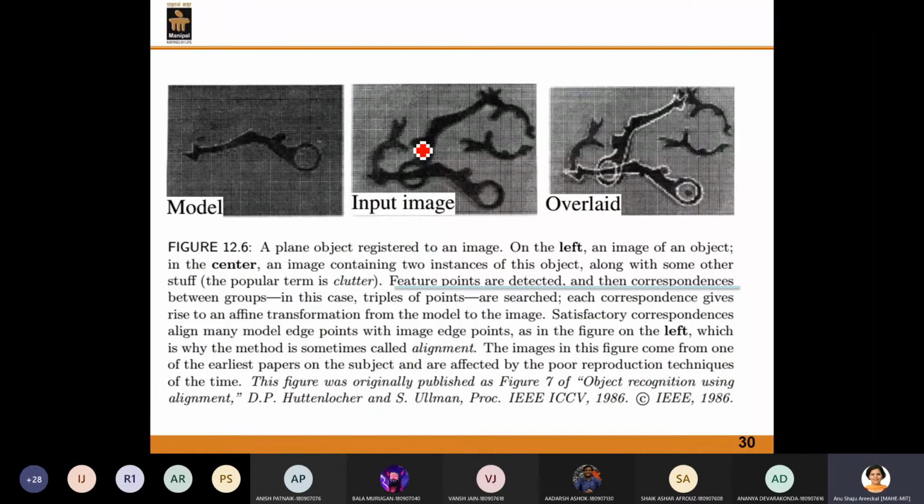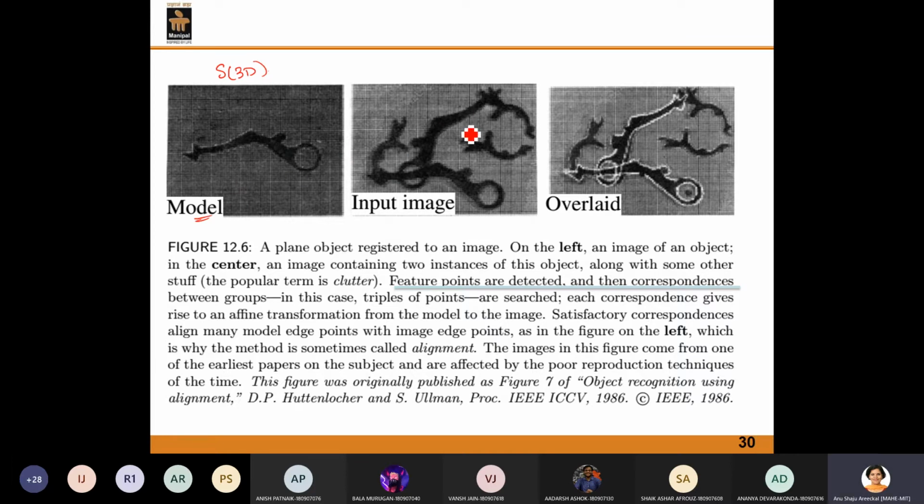So let's take an example over here. In this example, the model refers to the 3D object. I'll write it as the source, the 3D object that I have, and this is only one particular view of it.